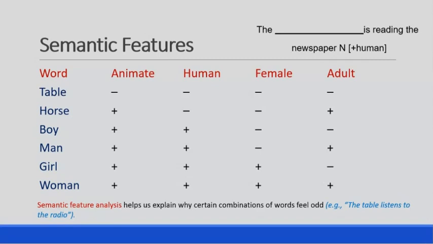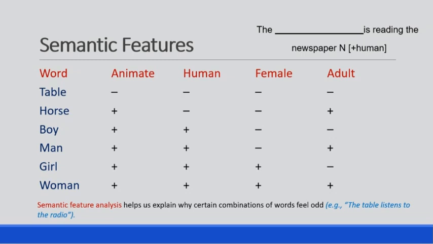In human, there is no gender for the words, and it does not refer to adulthood. For example, horse is an animate noun. It is not human. It is not female. Horse refers to the male, not the female.